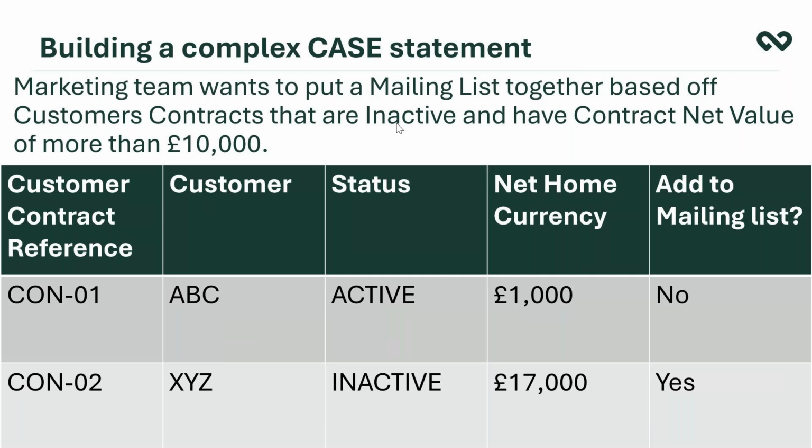So we want to use the case statement to check if both criteria are true, that the contract is inactive and the contract net value is more than £10,000. And if so, we want to add them to a mailing list. We'll again try and build this example when we're in the product. So let's jump into the product.